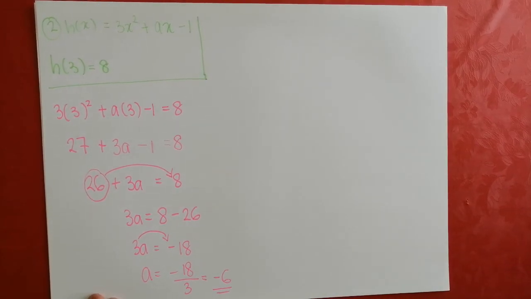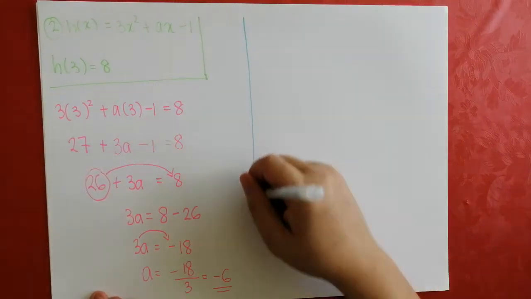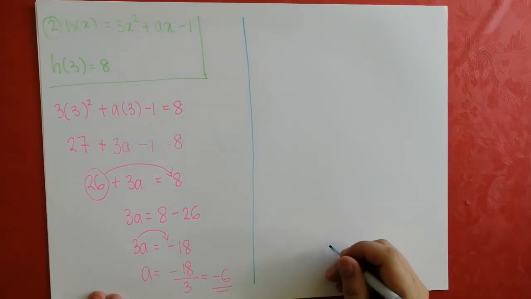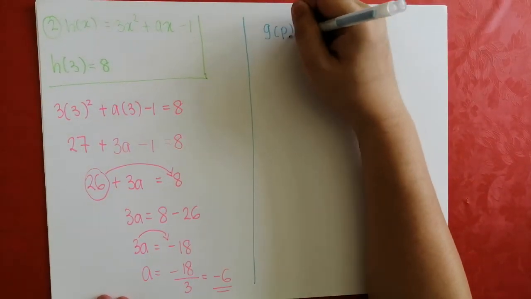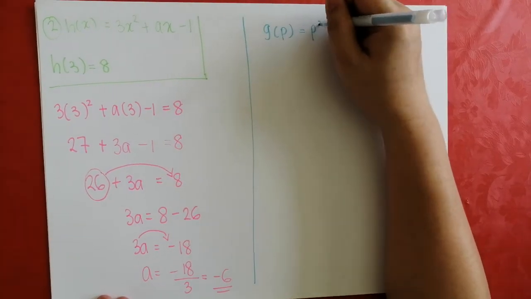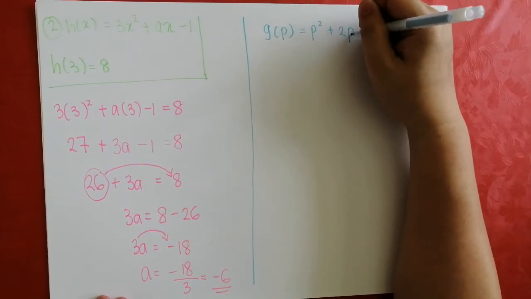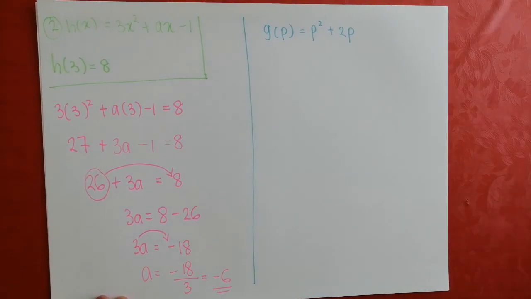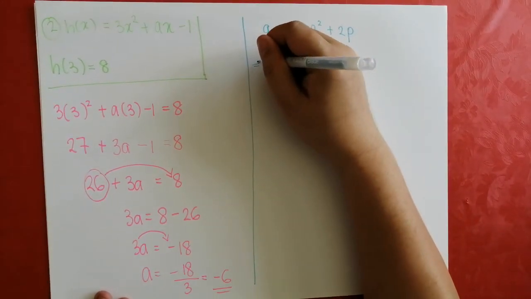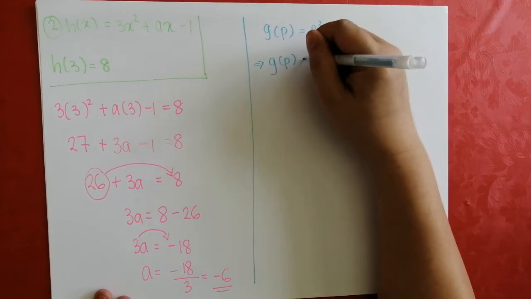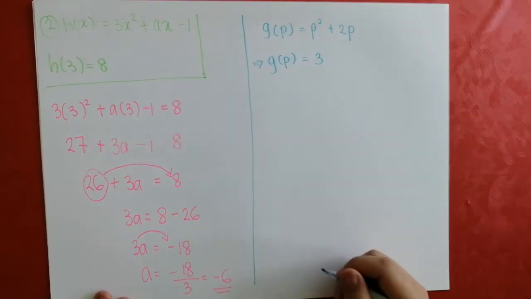Let's move on to the third example. A function g is defined by g of p equals p squared plus 2p. Solve g of p equals 3. You are given the condition g of p is equal to 3.